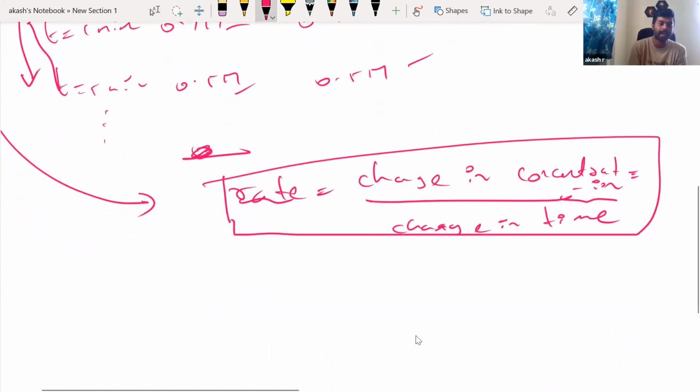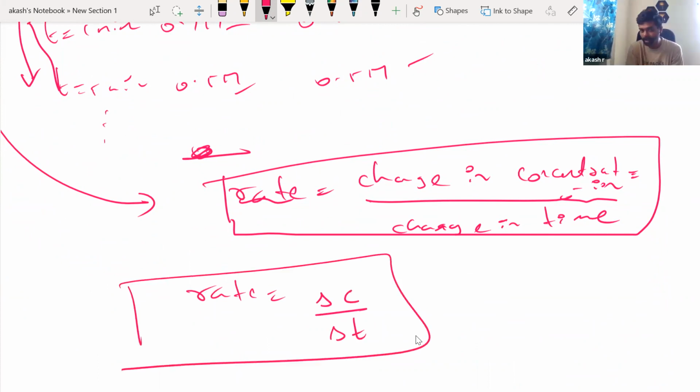So we can also write in the formula, del C divided by del T. What is del C? Del C is change in concentration. Del T is change in time period. Now I can also write it like this sometimes: R is equal to dC divided by dt.